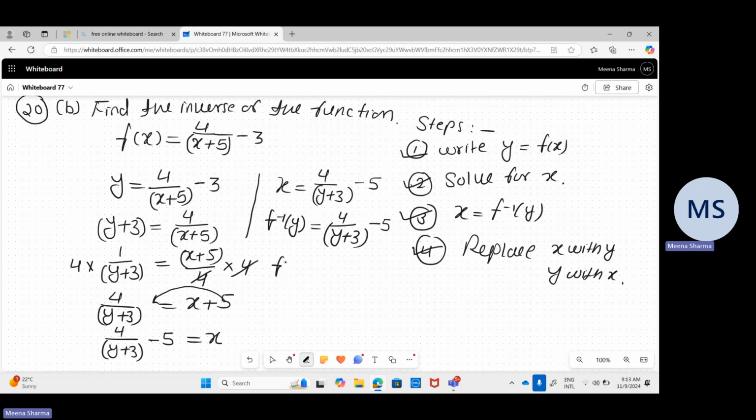So I will write f inverse of x equal to 4 upon (x plus 3) minus 5.